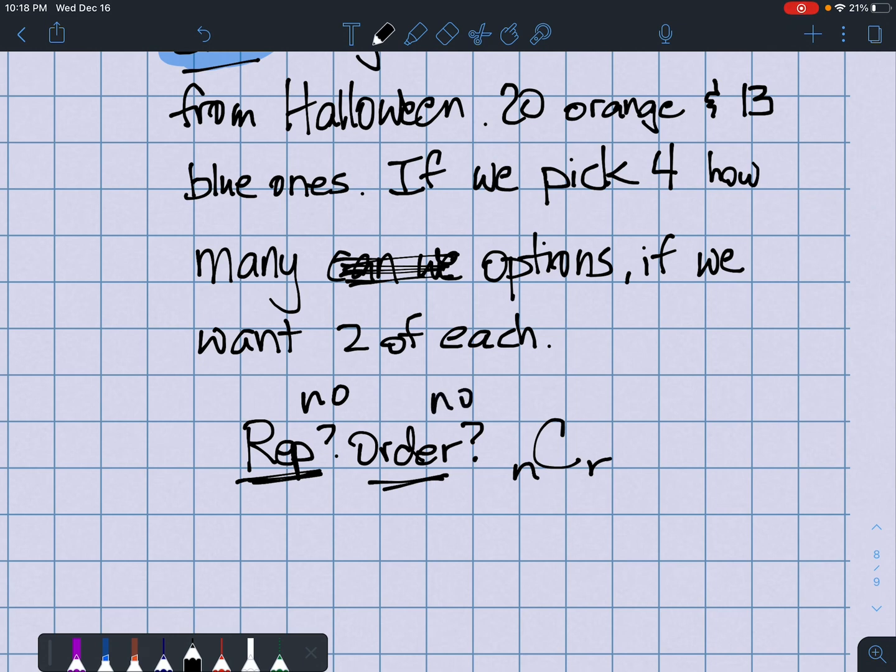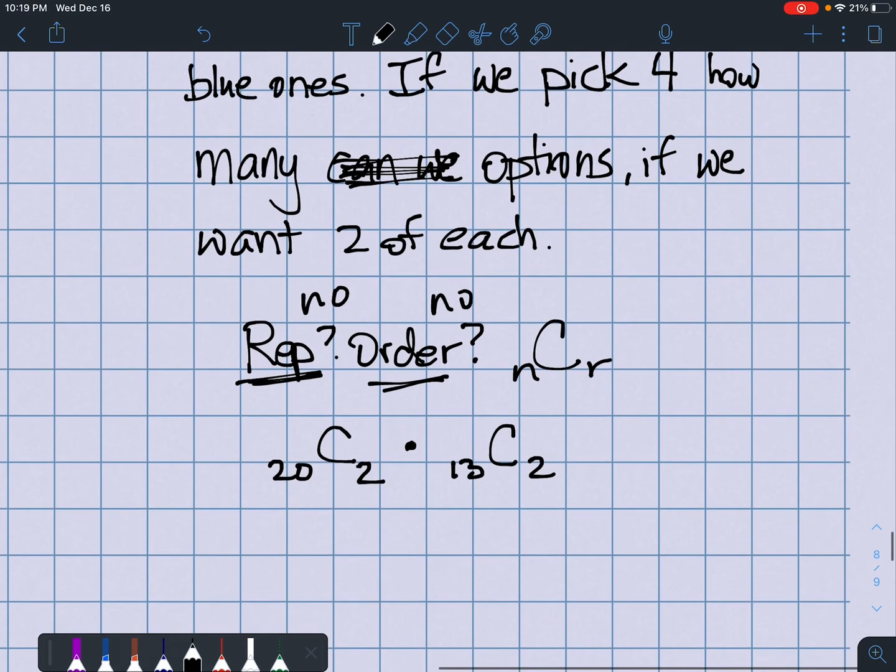So in this case, we first of all take the 20 orange. And from the oranges, I want 2 of them. Why did I put an O? It should be a C for combinations. And then I'm going to look at how many options we have for the blue ones, and that would be 13 choose 2. Once I get these 2 results together, I'll multiply them together, because there will be that many for that and that many for that.